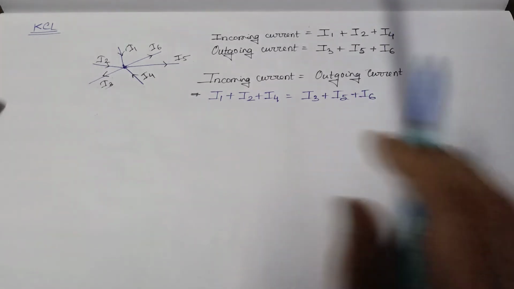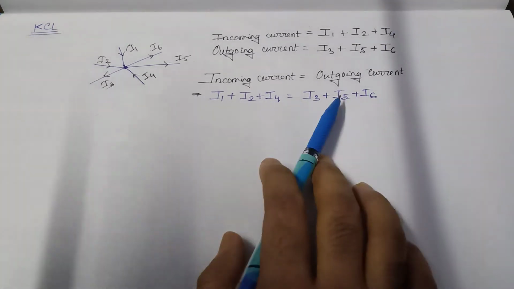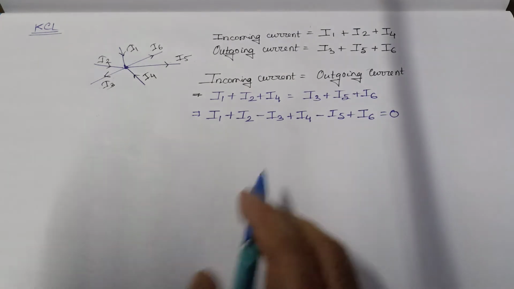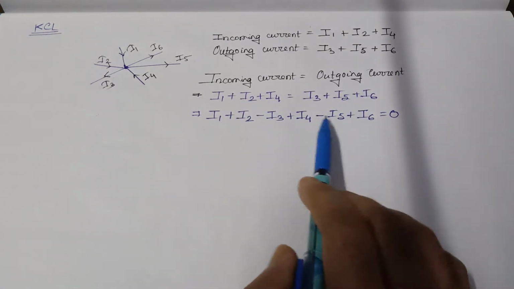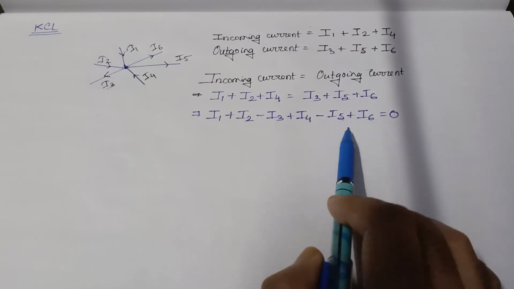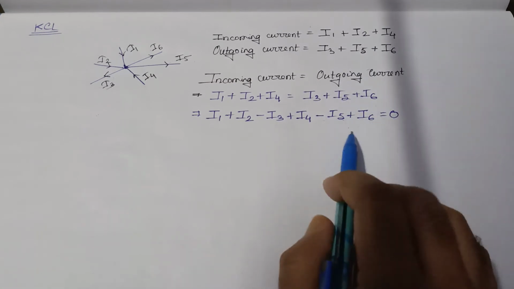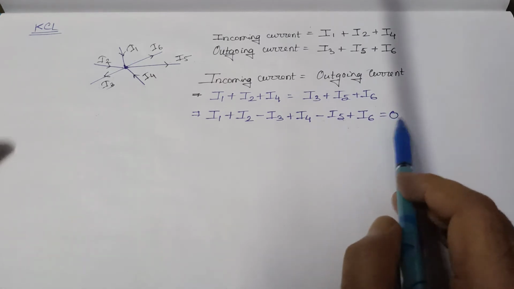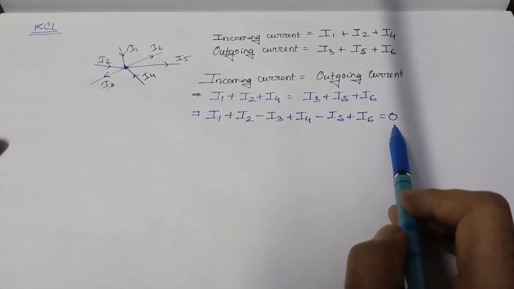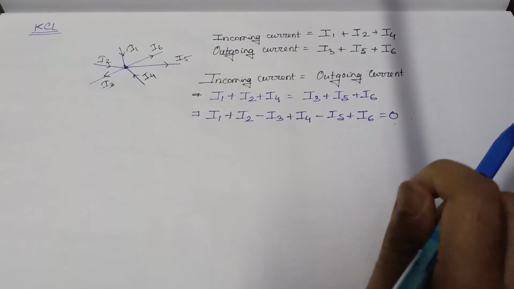So now if I solve this equation, it will be like this. So minus I3 here, minus I5 here, and minus I6, is equal to 0, because no terms are left on the right hand side. Now see, what do you mean by algebraic summation?